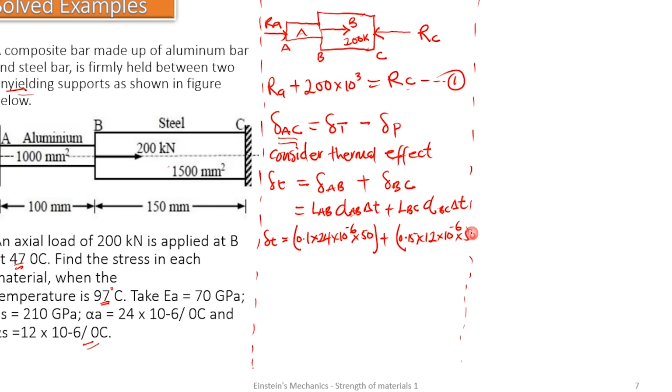Change in temperature is 50 as well. So punching all this, the entire temperature change is going to give me 2.1 times 10 raised to the power negative 4 meters.